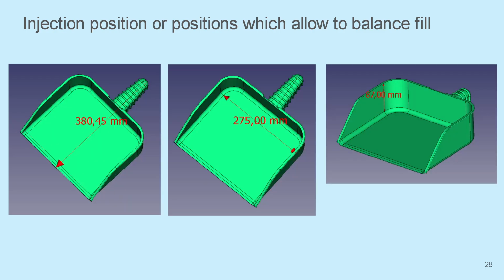I have mentioned balanced filling and effective pack phase. Balanced fill can be understood as a situation where each region of our geometry is filled at the same time. Of course, each situation needs an individual approach that allows us to choose the optimal solution.